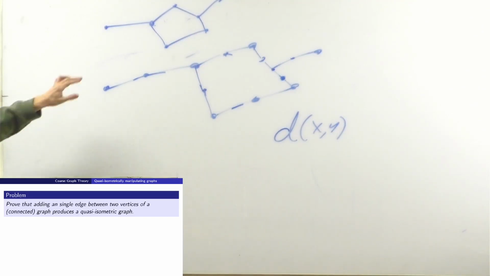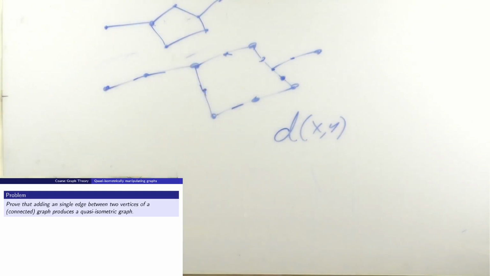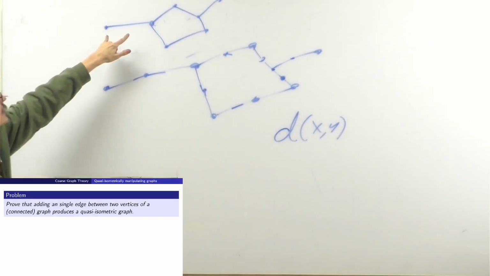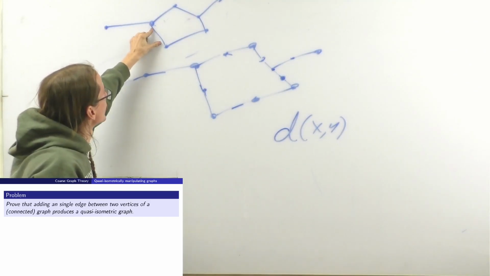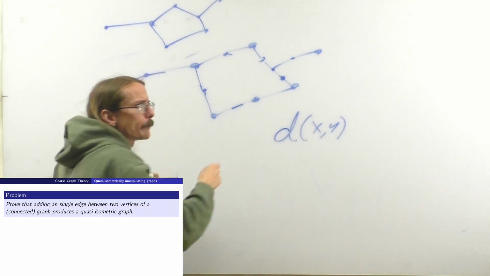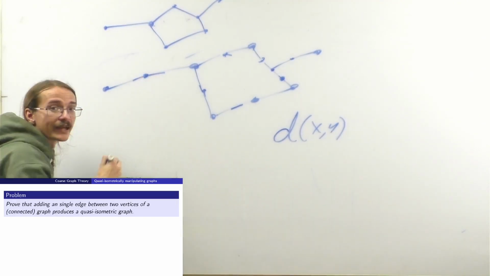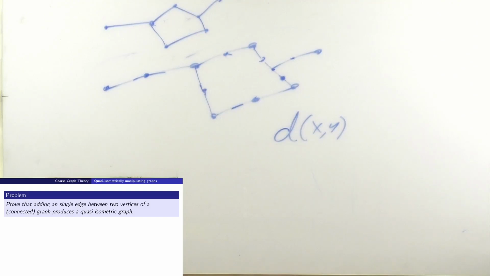Pick two vertices in here, let's say this one and this one. The shortest path between them has some length: one edge, two edge, three edge. Great. Now, in this graph, what happened to that path? Every edge got split, subdivided. It's now two edges.